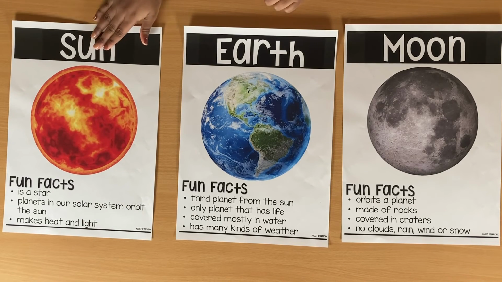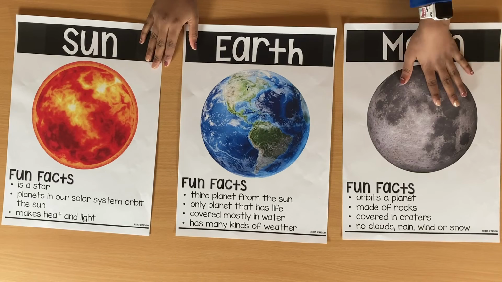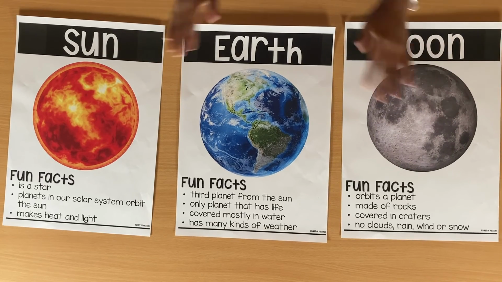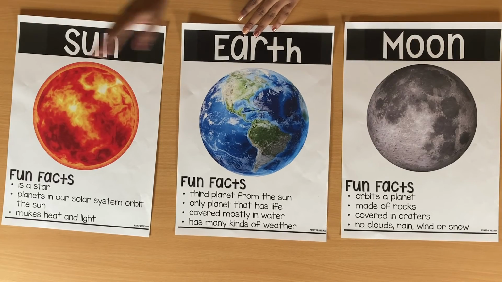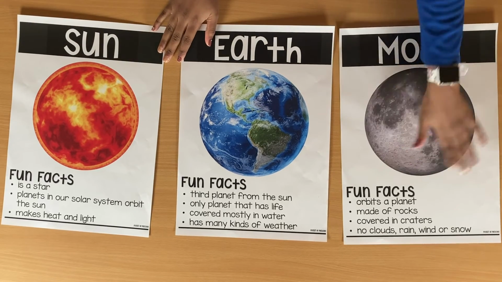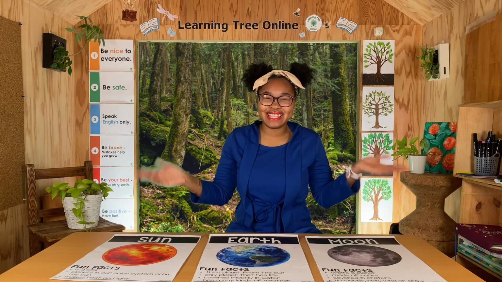It's also the reason we get day and night because when the earth is spinning around or rotating, we can only see the sun for part of the day. It's also the reason why it seems like the moon goes away sometimes and other times is super big because the light from the sun is reflecting or bouncing off the surface of the moon. Who knew the sun did so many things?